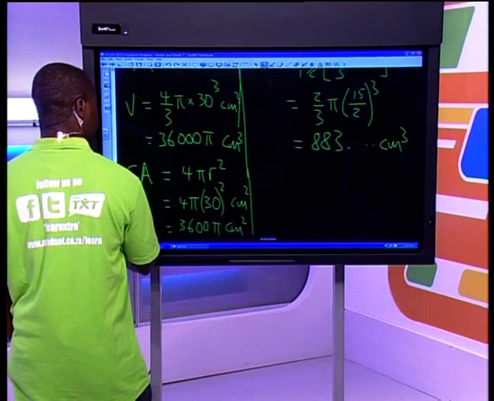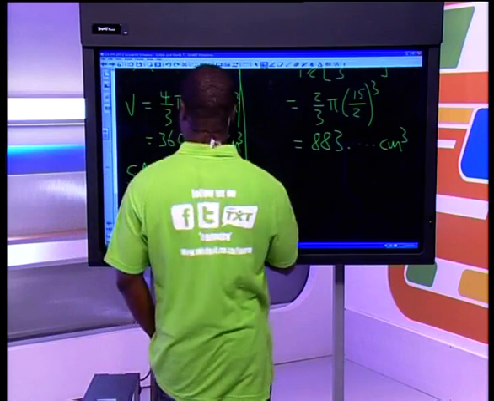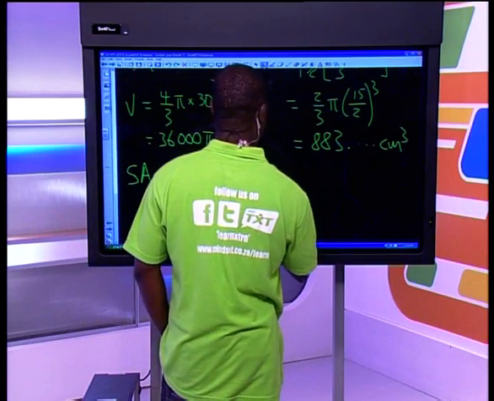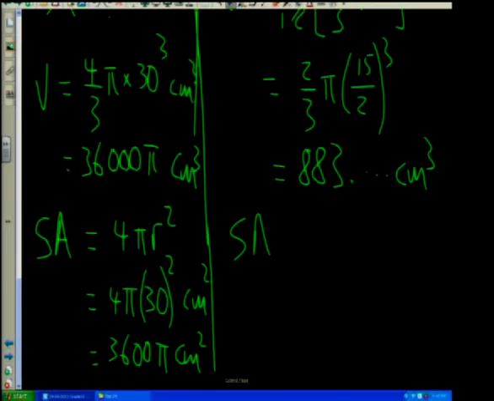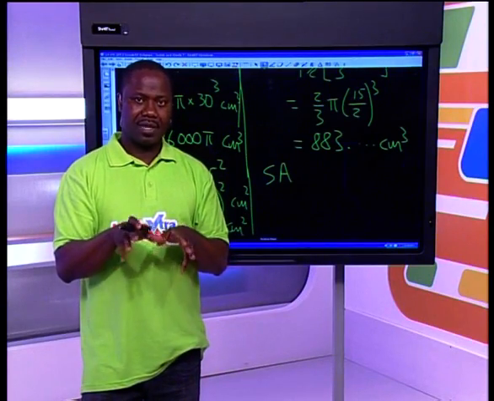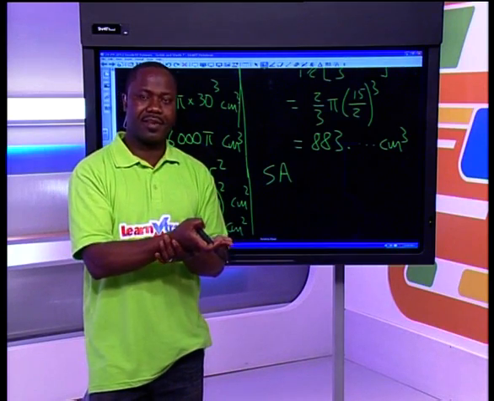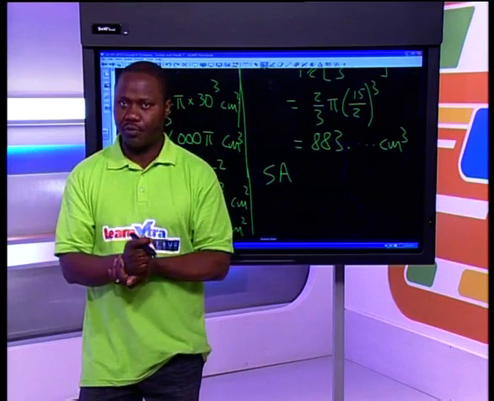Let's move on to the surface area now. We said the surface area of a full sphere is 4 pi r squared. Now, if it was a shell, I would say you cut in the middle and now you have an open base. But if it was a solid, I will say you still have a surface area at the bottom to account for.